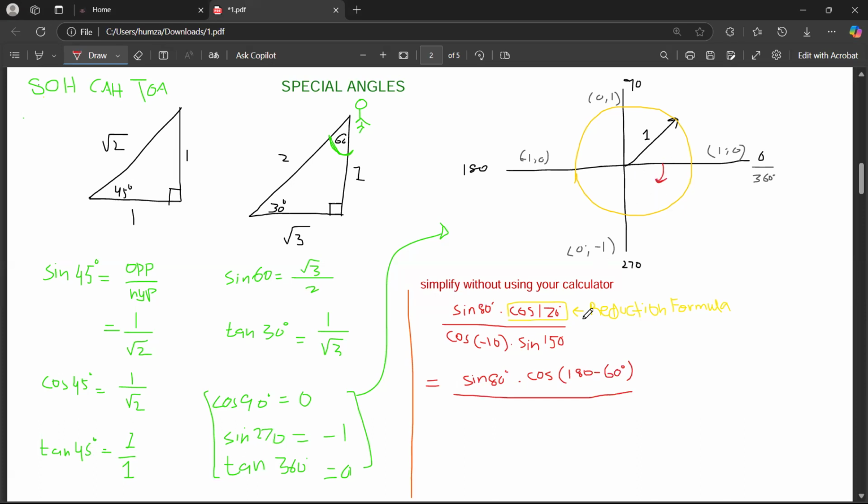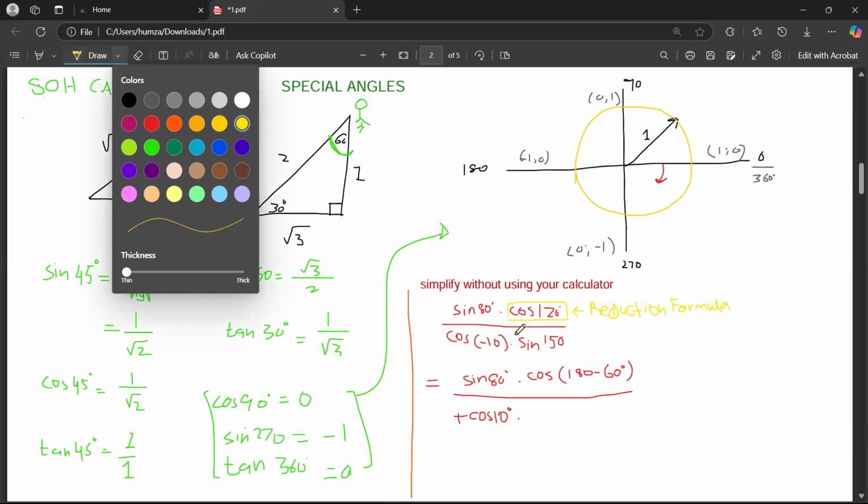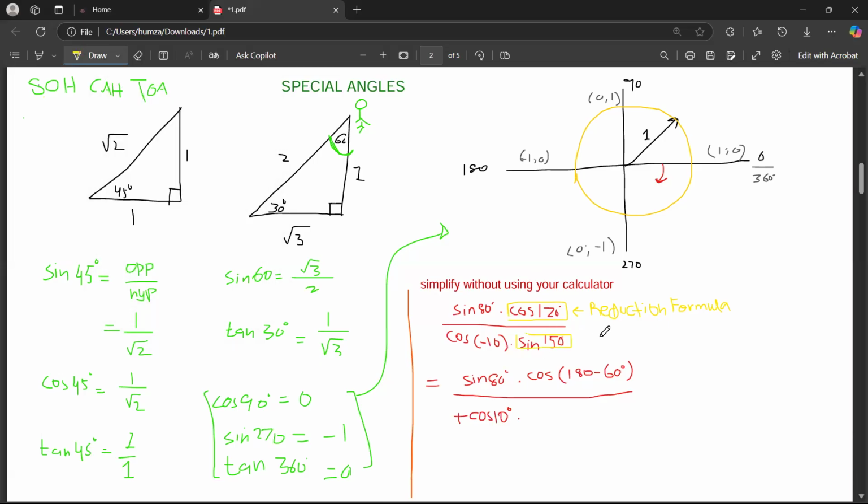Negative 10 will come in quadrant 4, and this will become your positive cos 10 because quadrant 4 is the cos quadrant. Therefore, the angle and the cos value will become positive. Now, we are going to face one more problem, that is sine 150 degrees. Again, use your reduction formulas here.